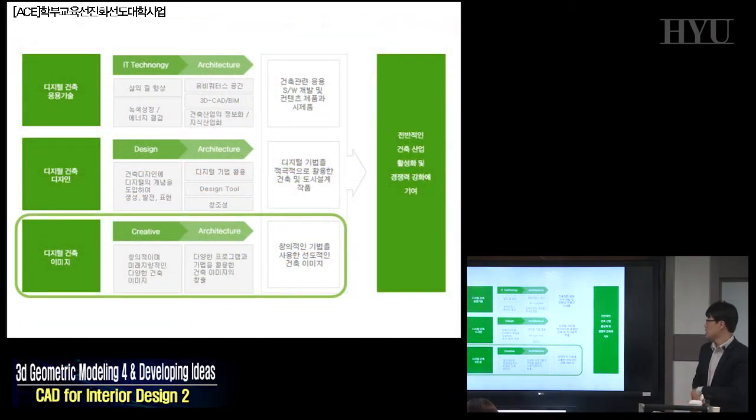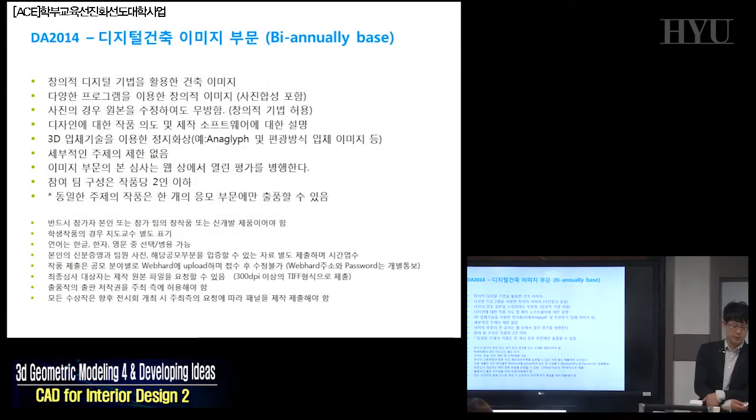The third session, digital architecture image, is your session of interest. You have to create a very creative, student-generated architectural image for the future. That's a major concept, creativity. So please take a look at existing award winners and some references.